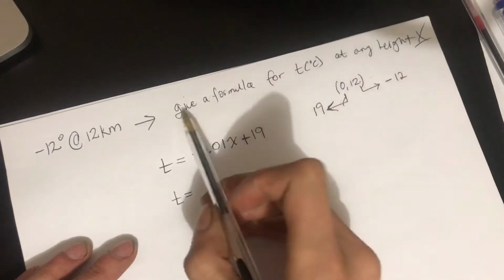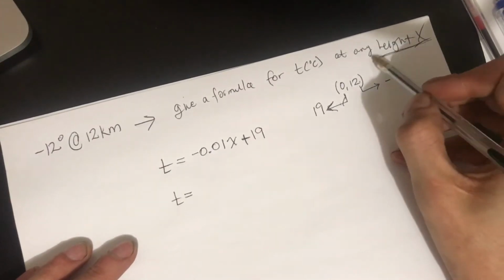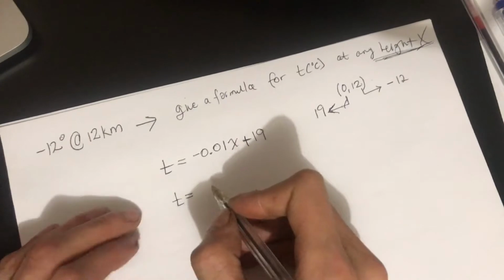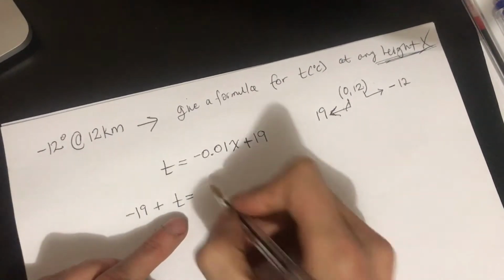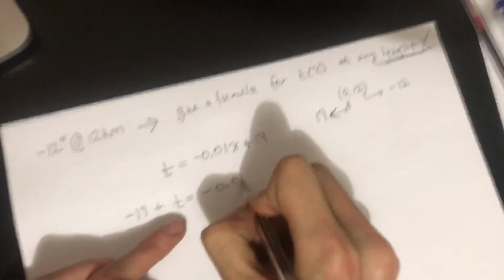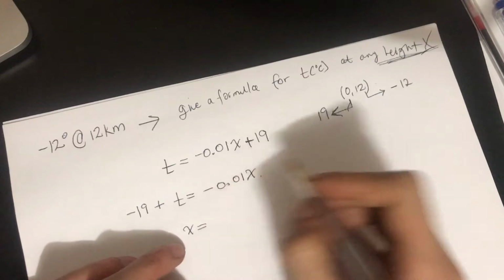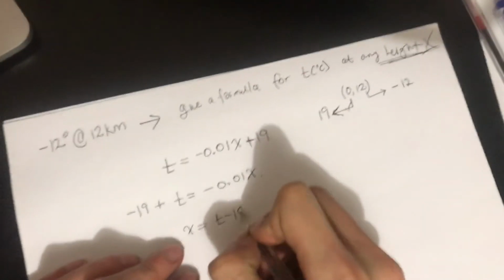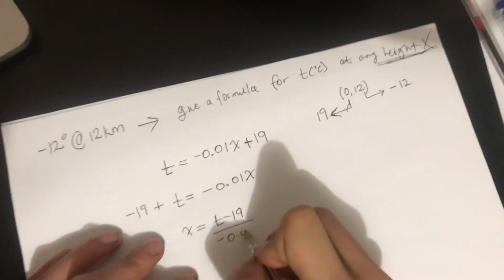The formula needs to be expressed at any given height x. So the temperature can be expressed as T minus 19 equals negative 0.01 x. So my x, just changing sides here, equals T minus 19 over negative 0.01.